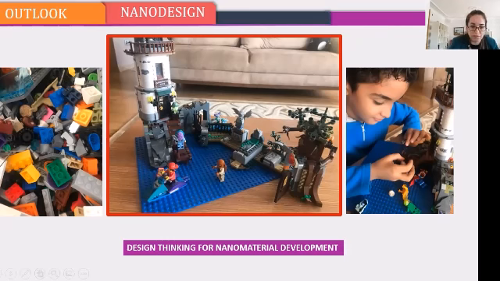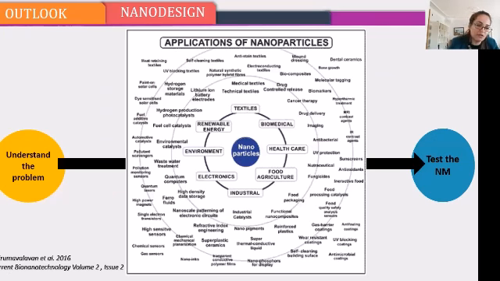When I say to you, understand the problem, understand the application, you have to know that there are thousands of applications right now on the market where you can apply nanomaterials. What are those applications? When I ask the students what might be the application of nanoparticles, or if you check the literature, mainly this is in the middle.